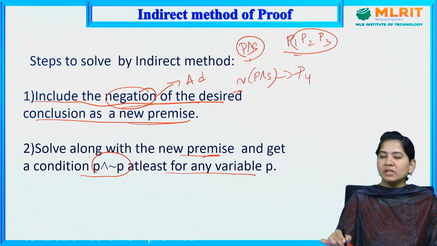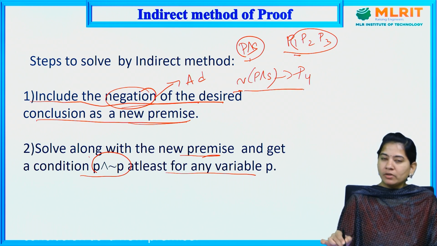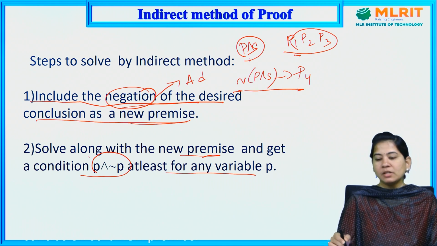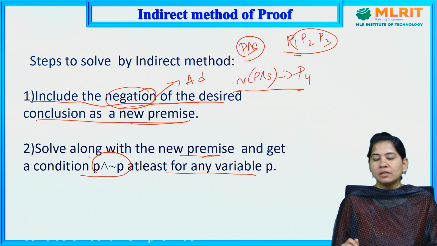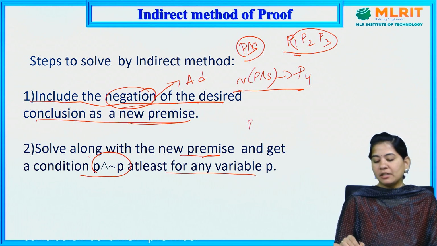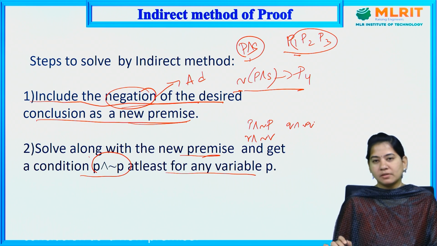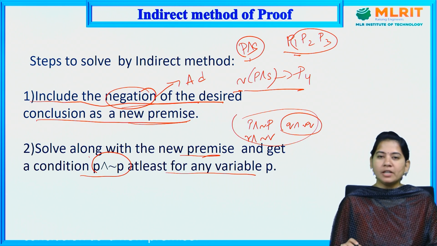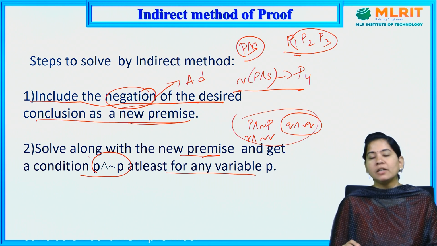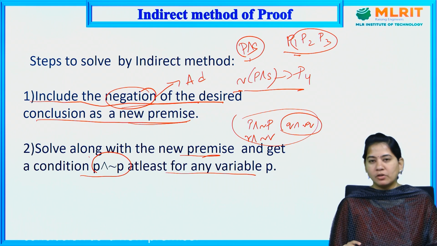Along with these three premises, you include this premise as an additional premise. Solve until you get a contradiction. A contradiction is nothing but P and negation P, R and negation R, Q and negation Q, like this. If you solve until you get this contradiction format for any variable, then we can say that you have proved it by using the indirect method of proof.